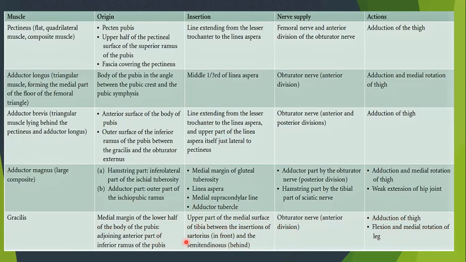So please remember the pes anserinus, the arrangement of those muscles is SGS: sartorius in front, then gracilis, then semitendinosus. These three muscles form the pes anserinus, and you will find other texts which refer to them as gyropes.